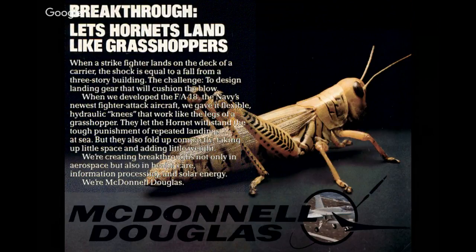You can see that on the picture. They actually copied how the grasshopper's legs work, so that when this plane hits the deck, it has to come down really quick, and it hits that deck with incredible force. It better flex, or we've got disaster. And look, here we've got an airplane manufacturer admitting, okay, we copied God's design for the grasshopper.